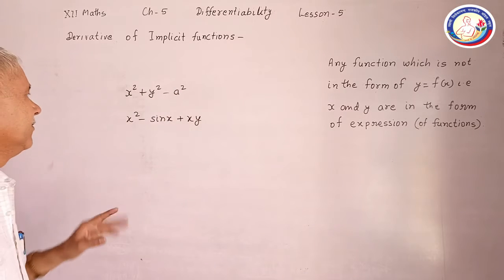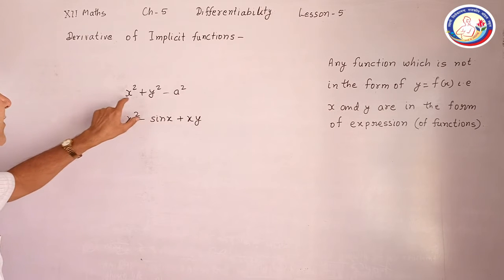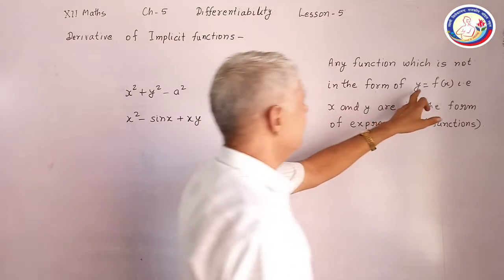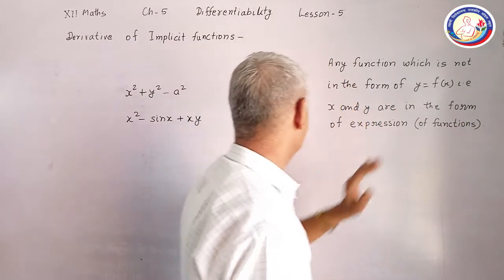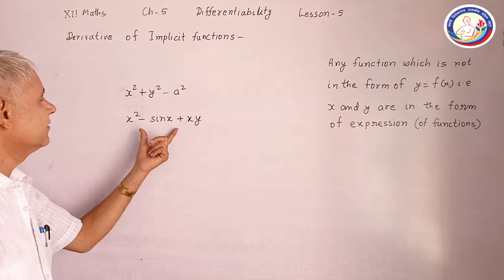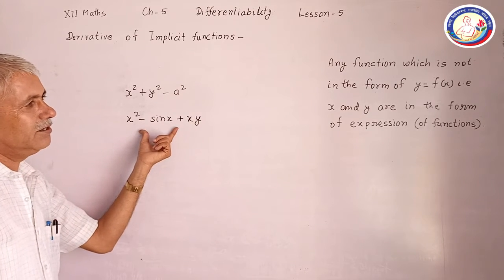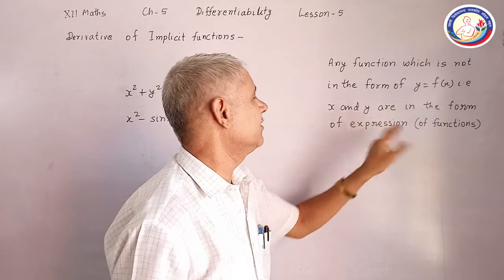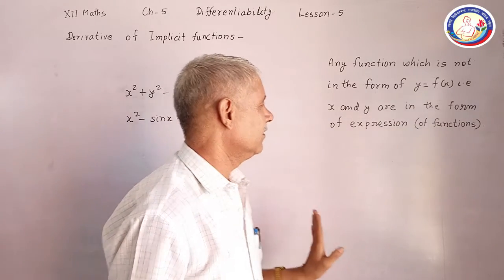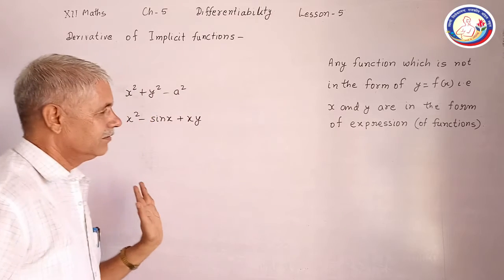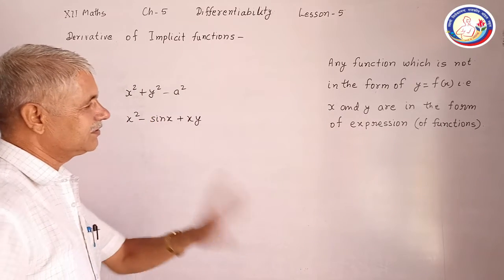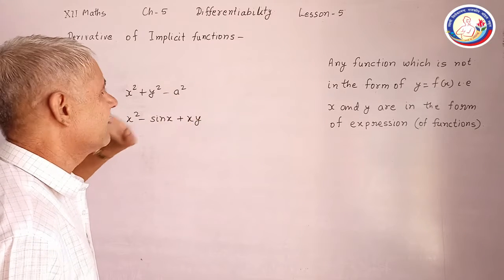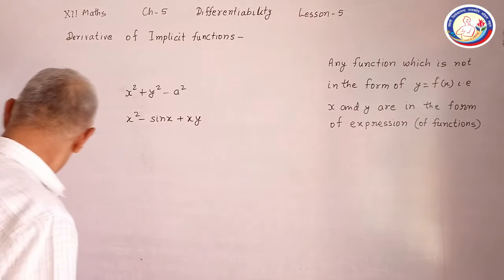These are the functions in which x and y are not related in this form. These types of functions are called implicit functions, or in other words, if x and y are in the form of expressions of functions, they are not separate. Y can't be expressed in form of x, then these functions are called implicit functions.